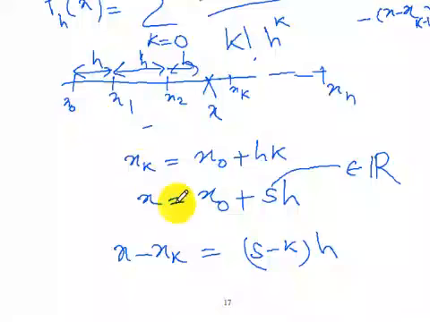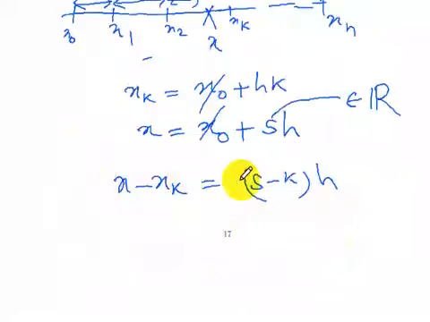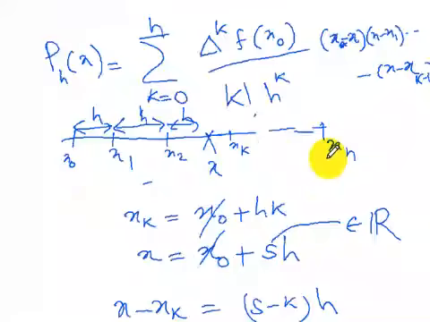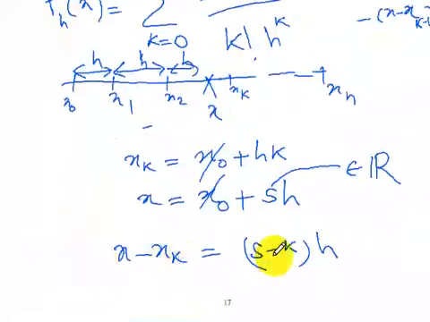Now you can consider this one by subtracting this one from this. When you subtract these two, you get s minus k, everything times h, right? Now you can substitute this into these places. So x minus xk is this.